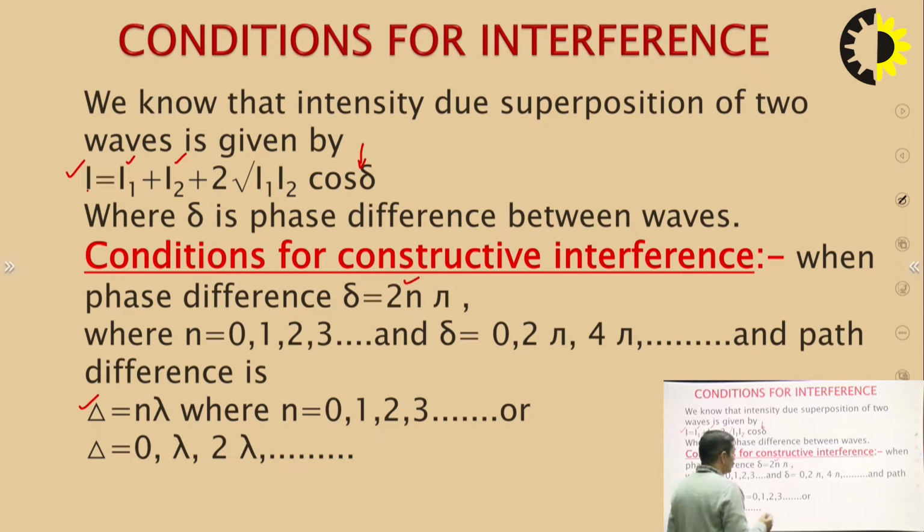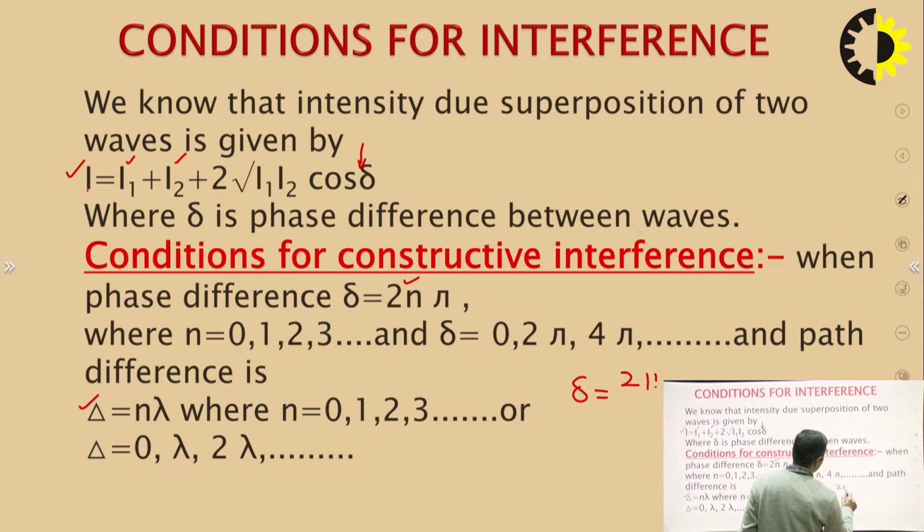Because we have a relation between phase difference and path difference given by this expression: small delta equal to 2 pi by lambda into capital delta. This small delta is basically the phase difference between the two interfering waves, and this capital delta represents the path difference between the two interfering waves.